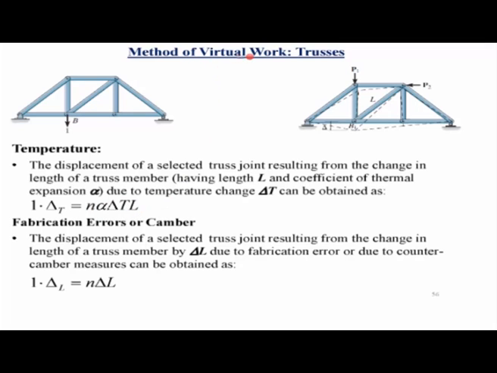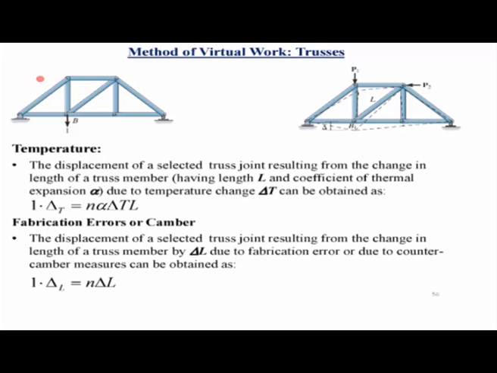So if you want to use the method of virtual work to calculate the deflection of this point B due to a change in temperature of any member of amount delta T, you calculate the deformation of that member due to the temperature change and multiply it with the virtual load in that member due to the externally applied virtual load of magnitude unity at the joint where the deflection has to be calculated.